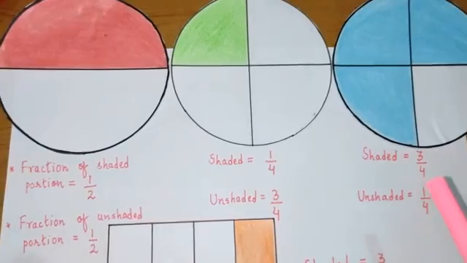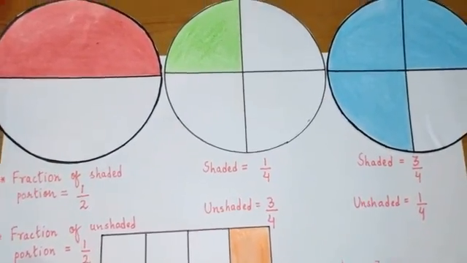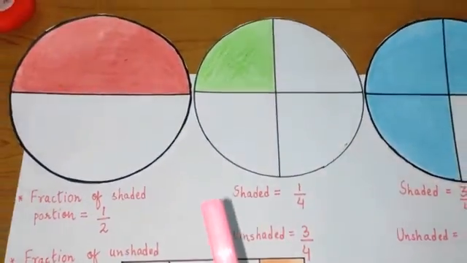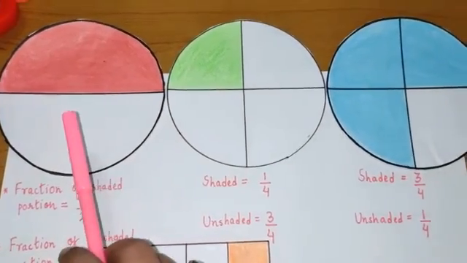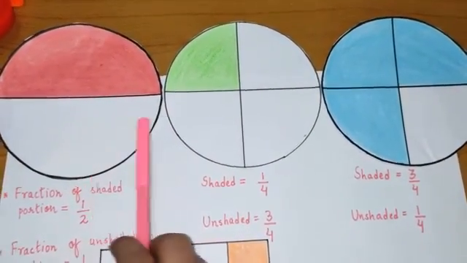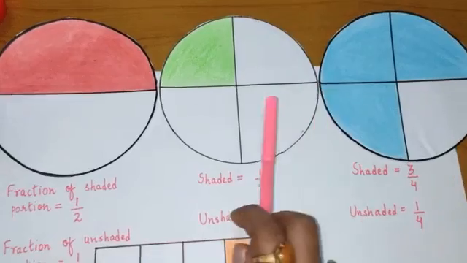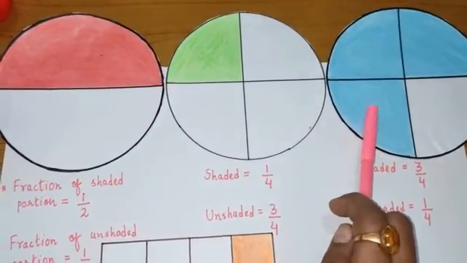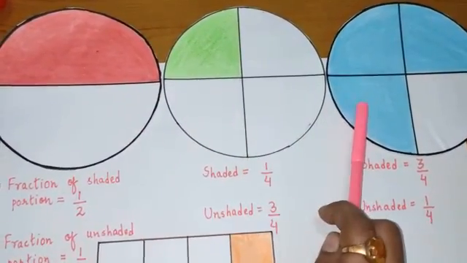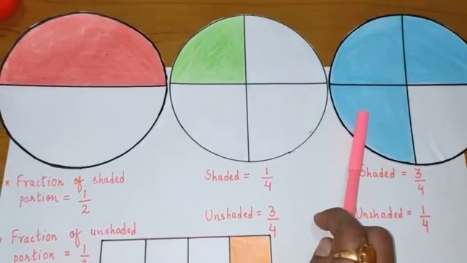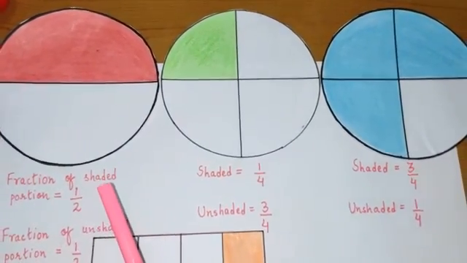Children, let us know more about fractions. Okay, so I have drawn 3 circles over here. As you can see, these are circular figures, and these 3 circles are divided into equal parts.